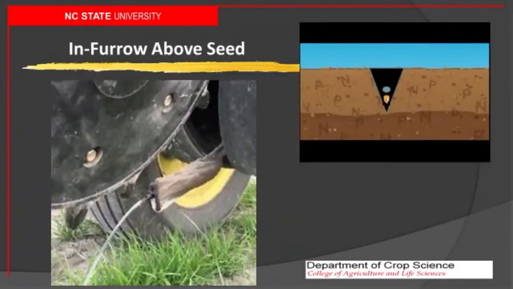Here's in furrow above the seed. Now, again, this is not new technology for most of you. This is mostly done with these seed firmers. Keaton has a set. There are several companies that have different types, so you can get seed firmers with a split orifice here, or in this case, you can see a single orifice.